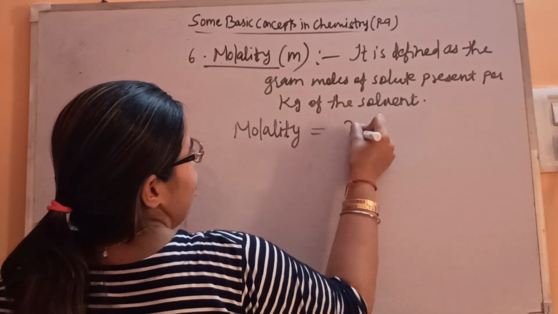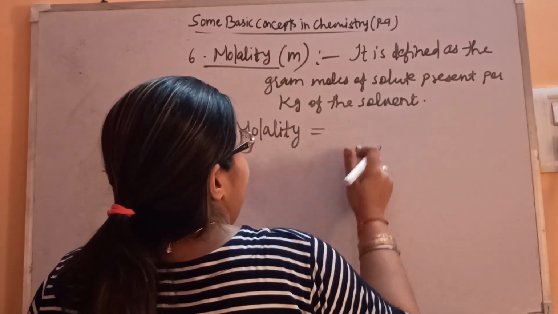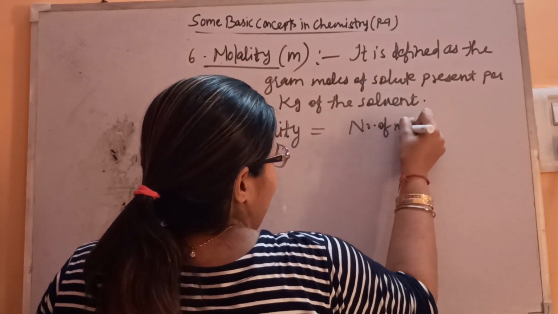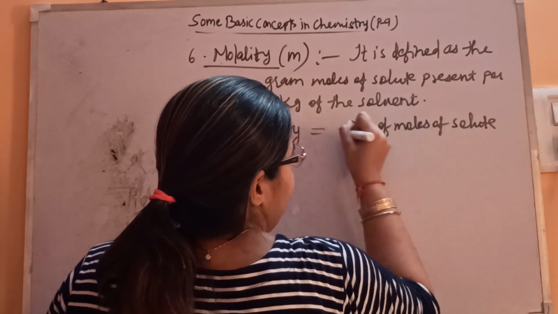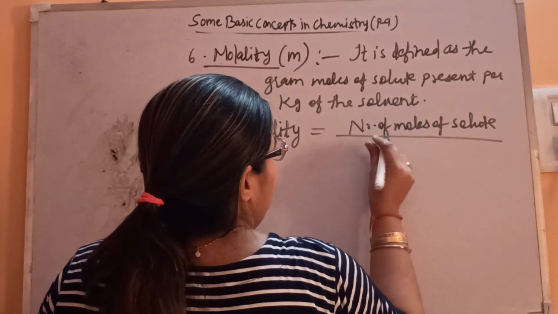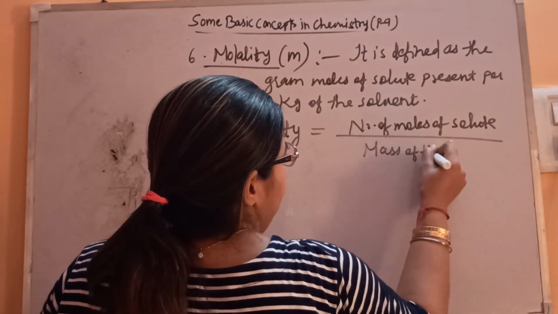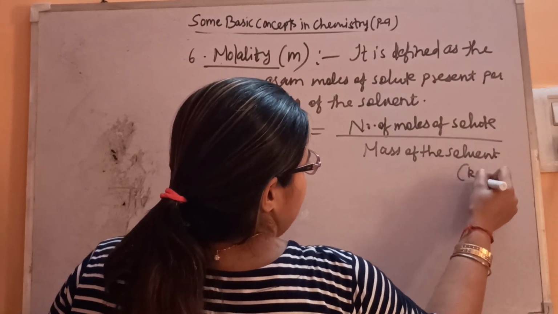So it is number of moles of solute divided by mass of the solvent in kg.